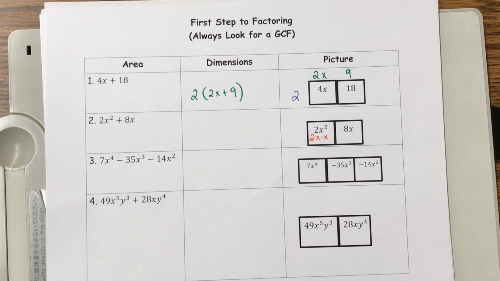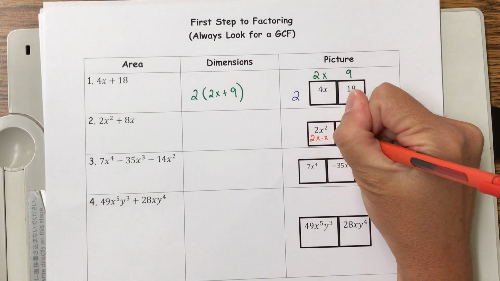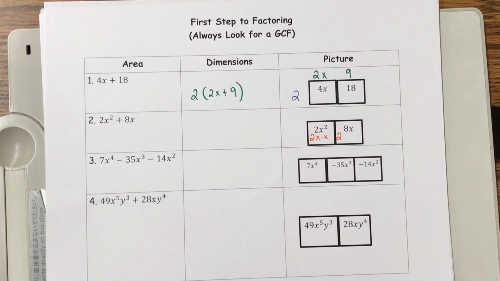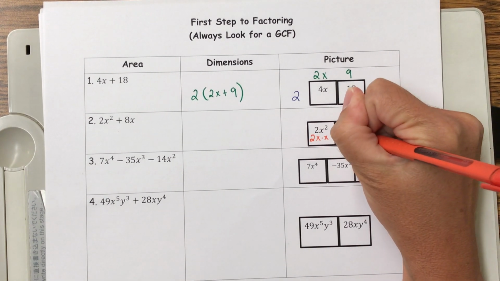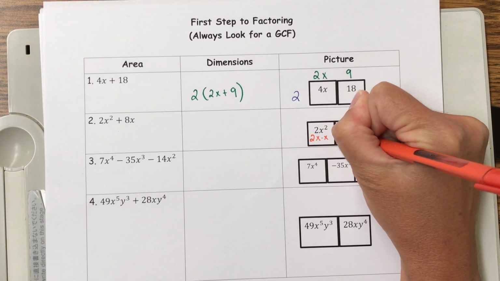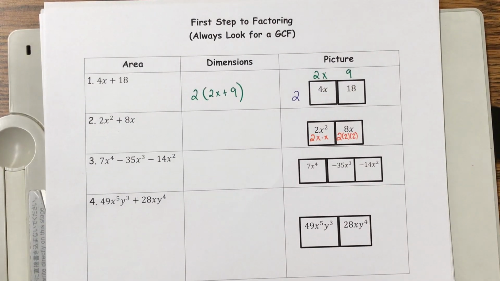So what about 8x? Okay, so let's break down 8. 8 breaks down to 2 times 4. 4 we can break down even further. 4 breaks down into 2 times 2. So 2 times 2 times 2 are my factors of 8.